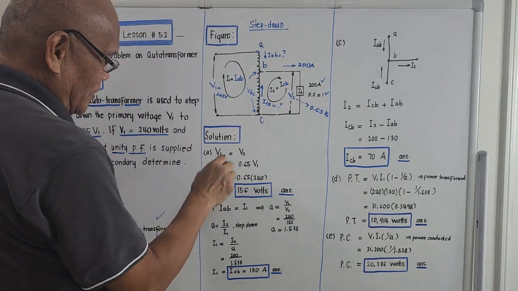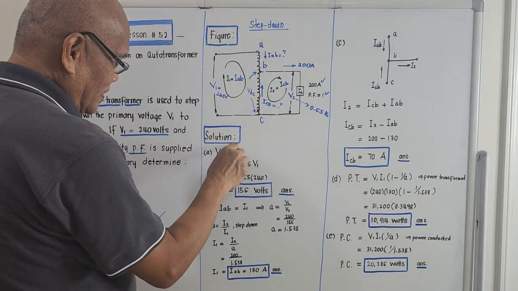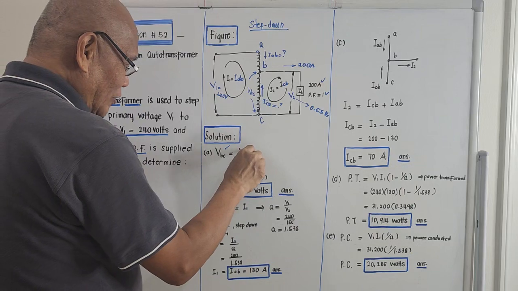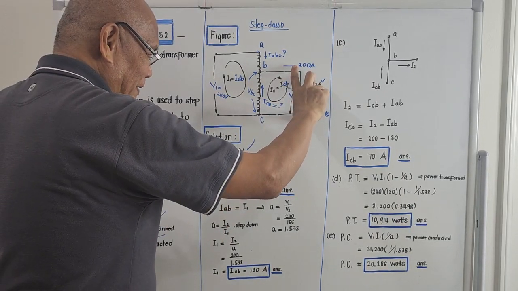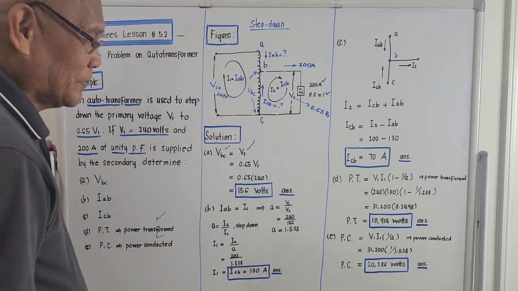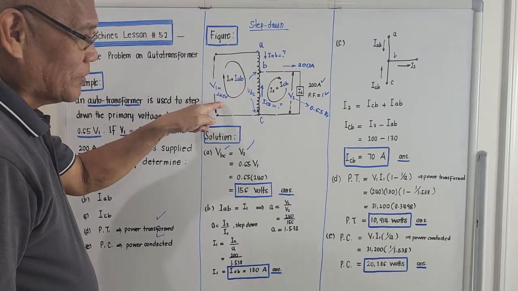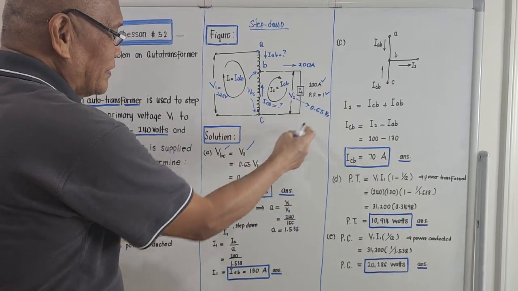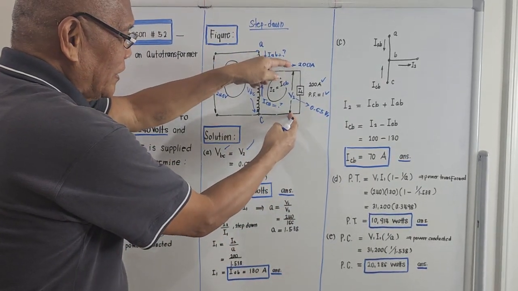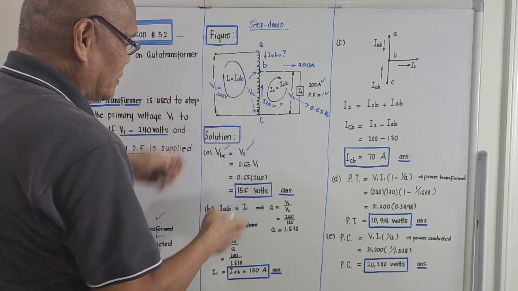The voltage across terminal BC is equal to the voltage of the output, or the secondary. According to the given problem, the original 240 volts is reduced to 65%, or 0.65 of V1. That's the value of V2, and this V2 is V sub BC.